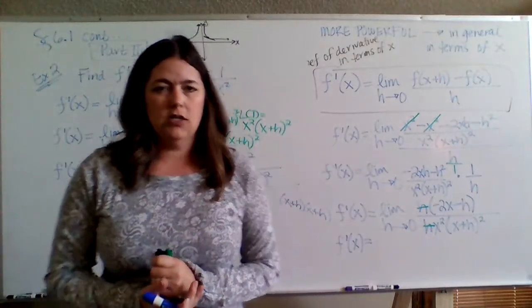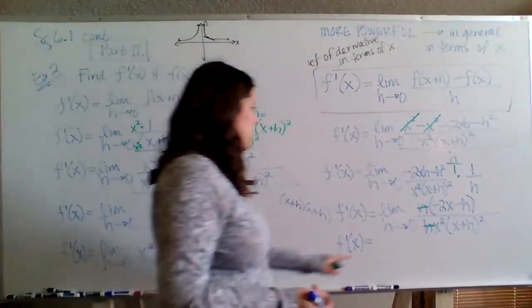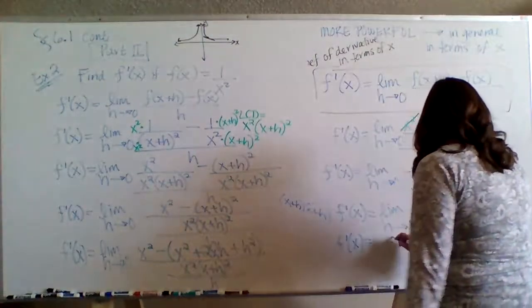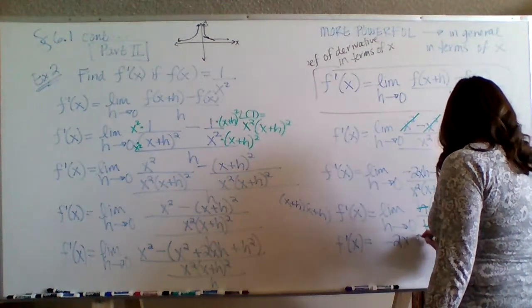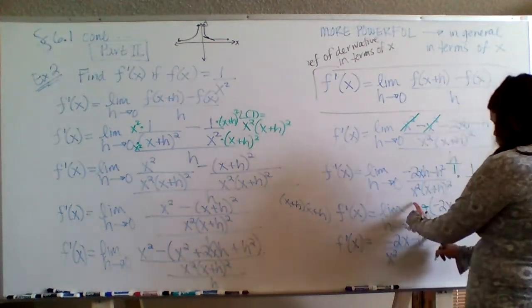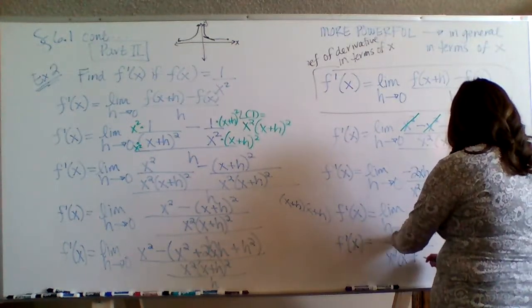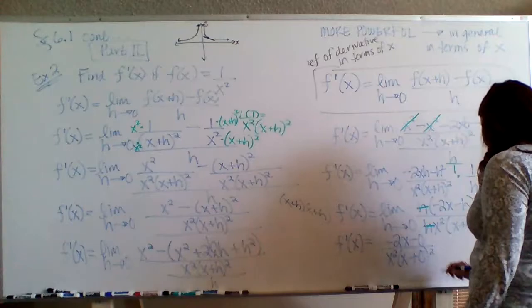Now we're ready to try to plug in 0, but remember, plugging 0 in for h. So we would have negative 2x, no limit notation, minus 0 in the numerator, over x squared, because the h's here cancel, times (x plus, I'm replacing every h we see with 0, 0) the whole quantity squared.